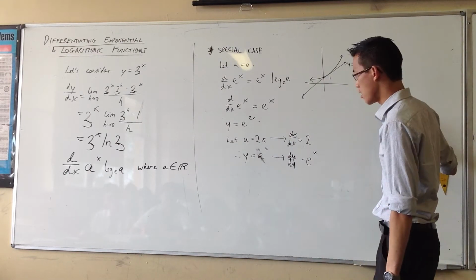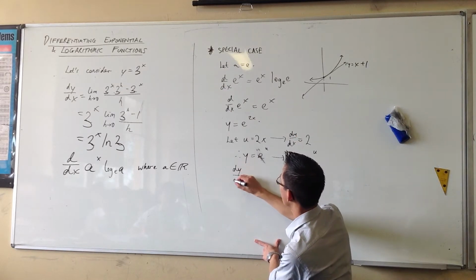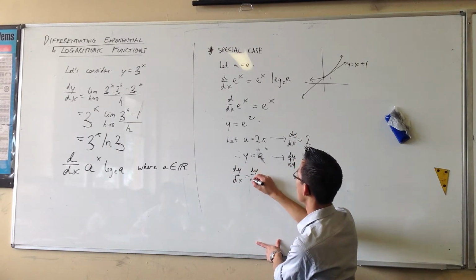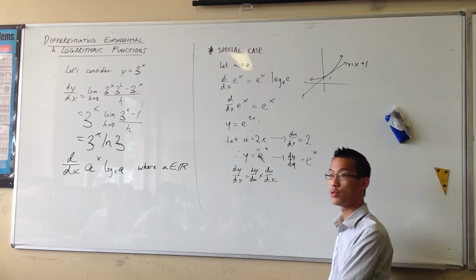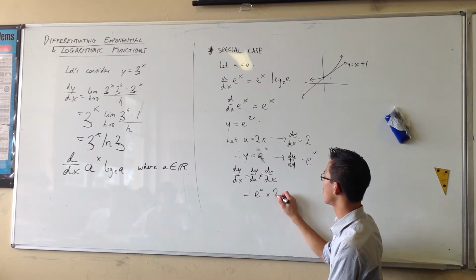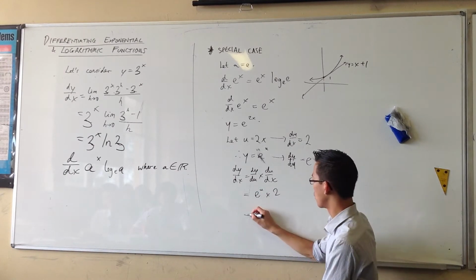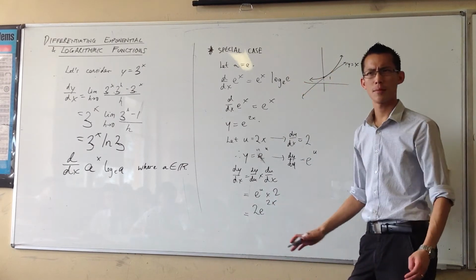So now, when you put your chain together, dy on dx is dy on du times du on dx, so that my du's just cancel out. I'm going to get e to the u times 2, which is 2e to the 2x. Does that make sense?